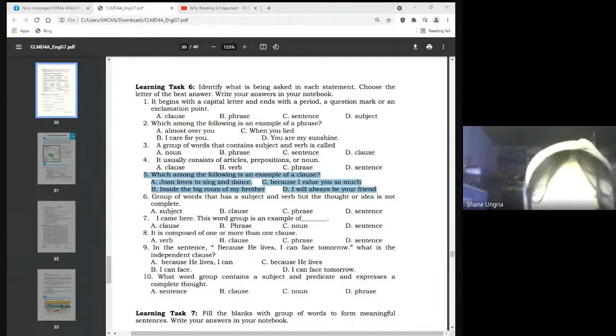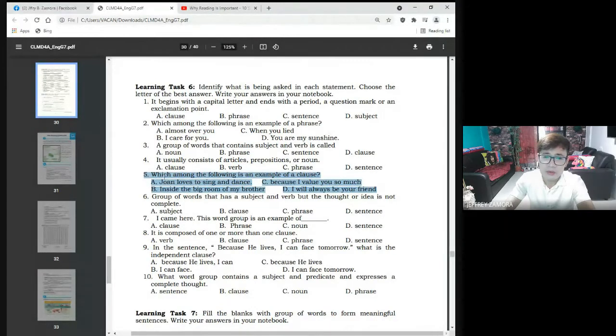Letter A po. Okay. Which among the following is an example of a clause? John loves to sing and dance. Okay. That is an example of a clause. John loves. Okay. Clause. And then another option, I will always be your friend inside the bigger room of my brother.